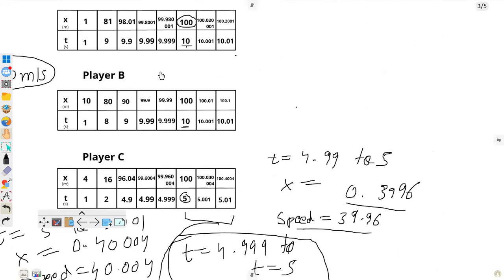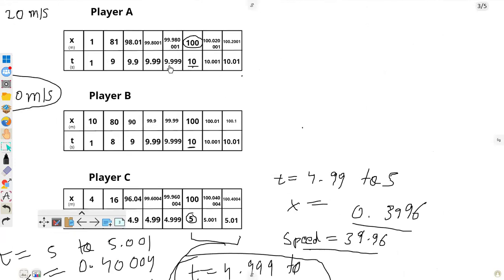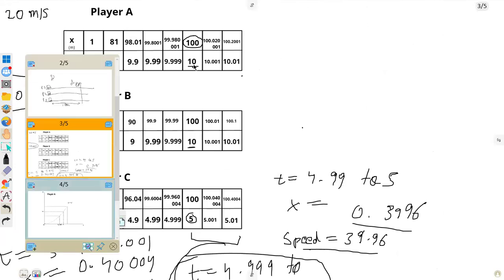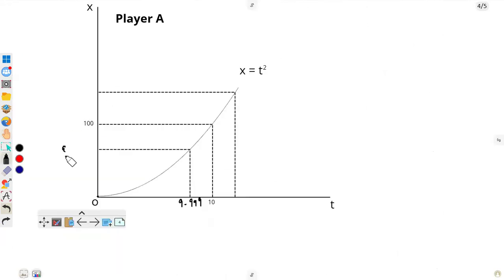So for player A, as we got closer and closer to 10, at time interval 9.999, हमारा x था 99.980001.